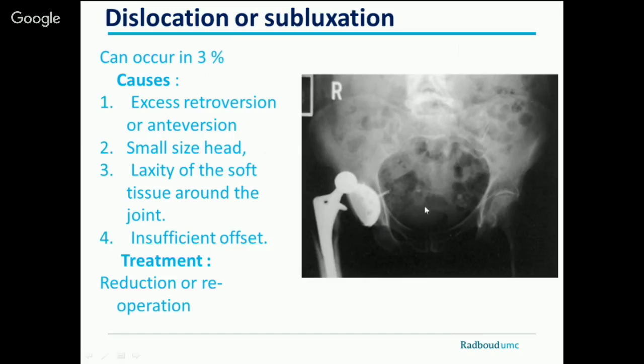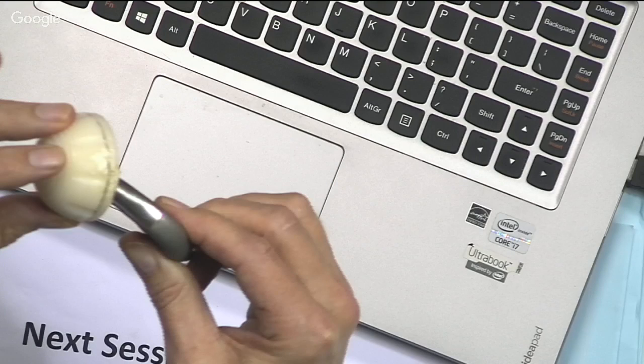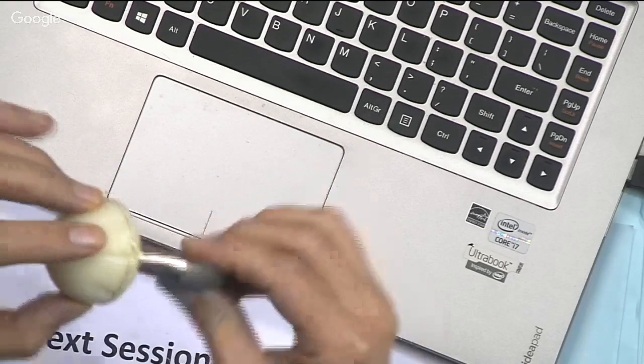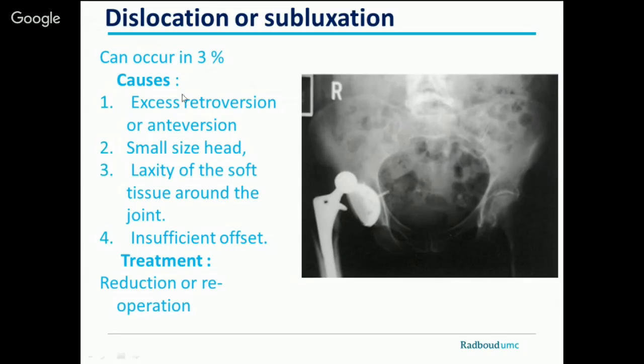Okay, so if something goes wrong, you can have a dislocation, as I told you. And dislocation can be due to wrong placement. So, for example, if I do not place the components to the front and I place it symmetrically, you can imagine that there is going to be a luxation. It can also be due to the combination with a very small head size, because then it's more sensitive to dislocation.